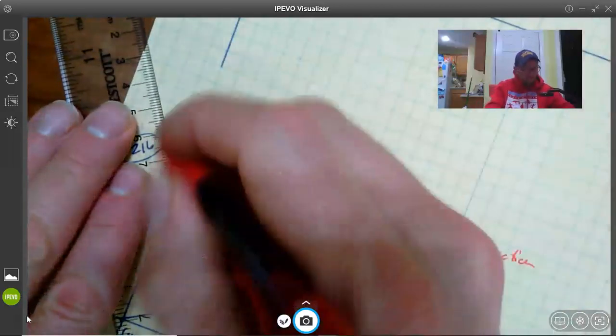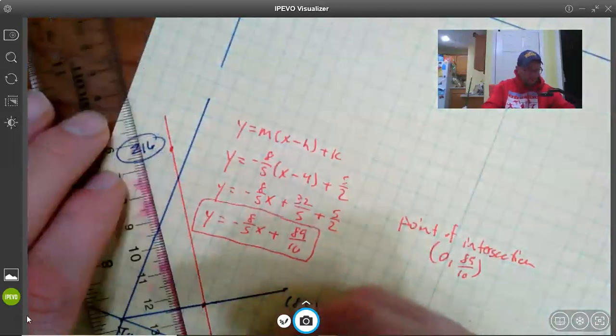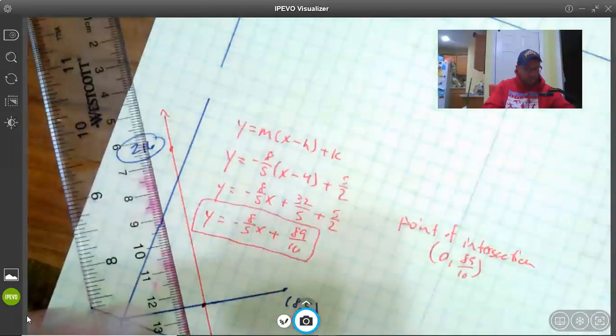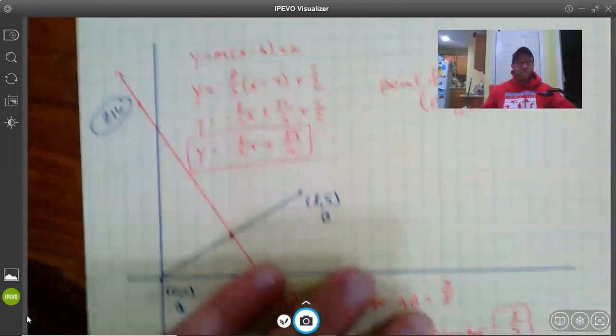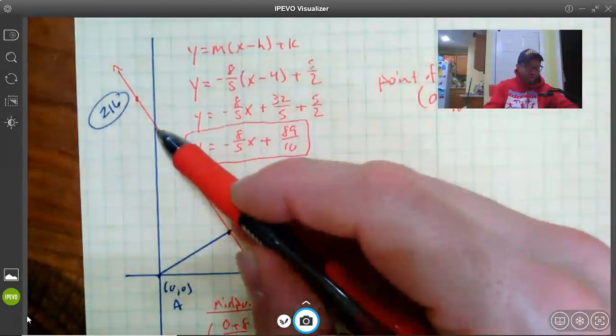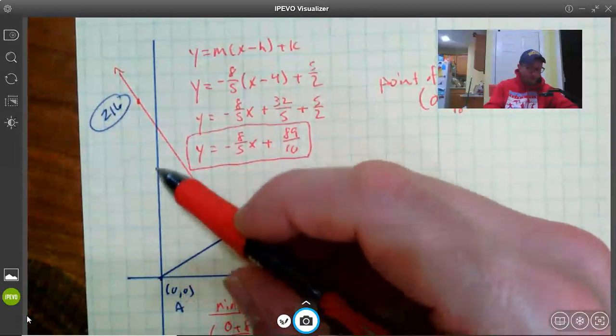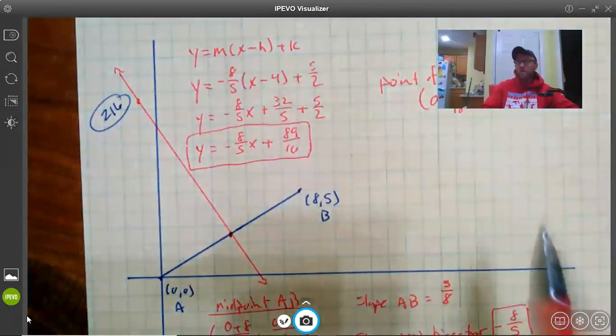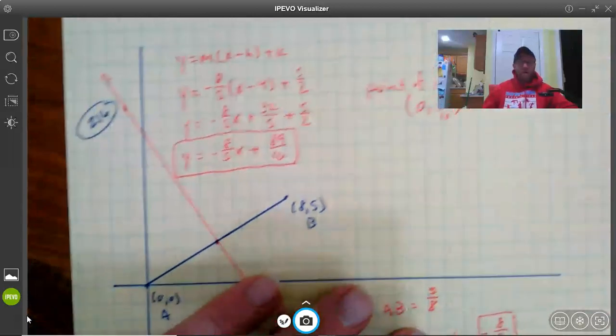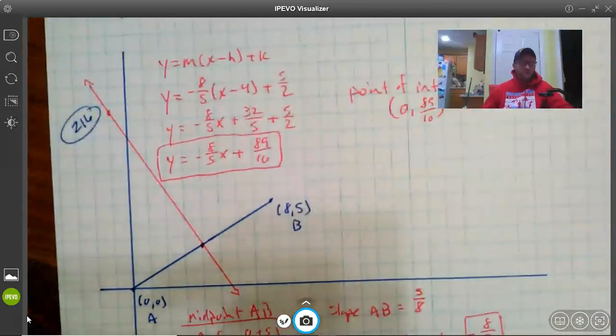This isn't going to be, of course, super precise because we're not even graphing from lattice point to lattice point, but I just want to see if that looks like it's approximately 8.9. 1, 2, 3, 4, 5, 6, 7, 8, and almost 9. So I think that seems reasonable. Our rough graph backs up our calculation, so it seems like we're on the right track.